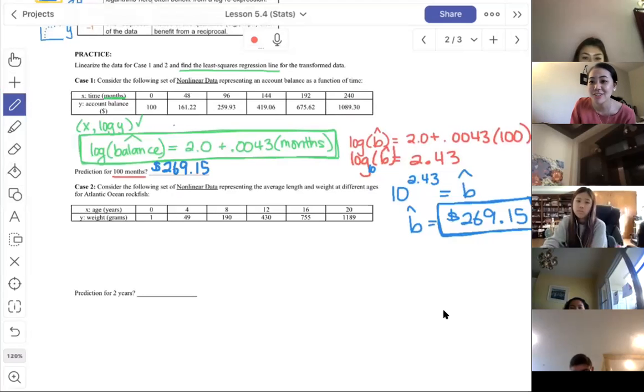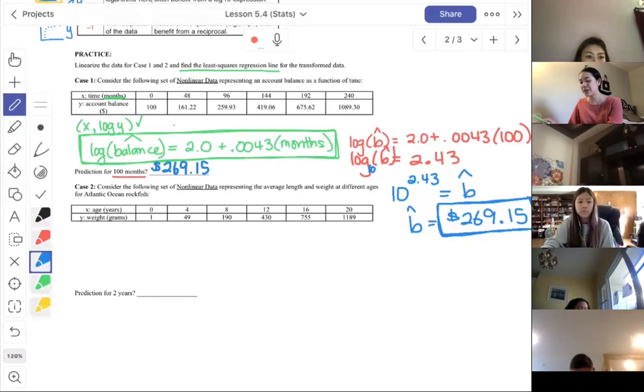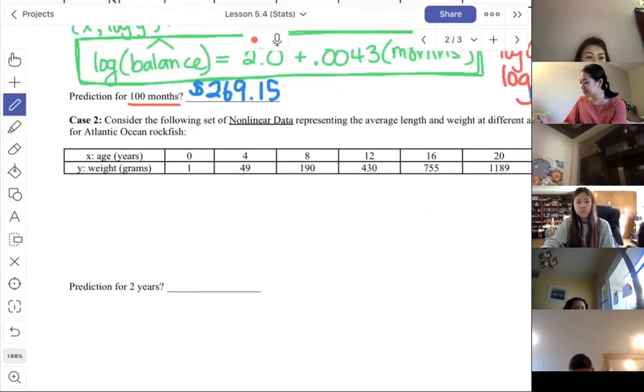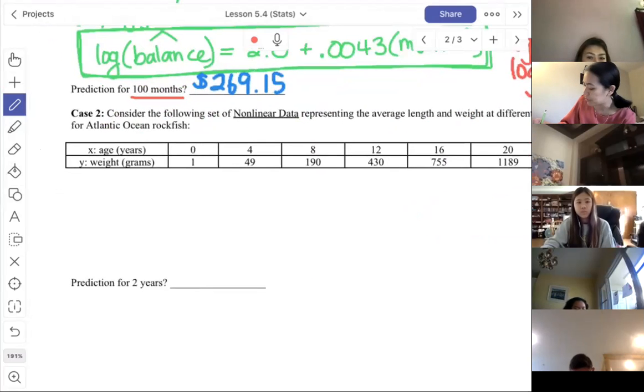All right, any questions? Okay, we don't have time to go to case 2, so let me just give you guys the answer so you can use it for extra practice. The answer for case 2 would be that the transformation that worked out the best was the square root of y.